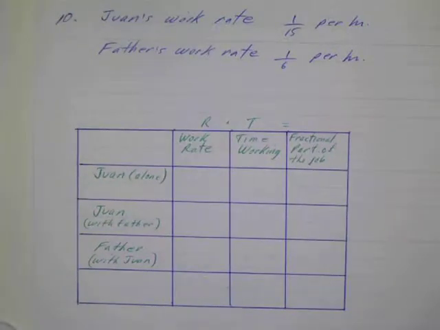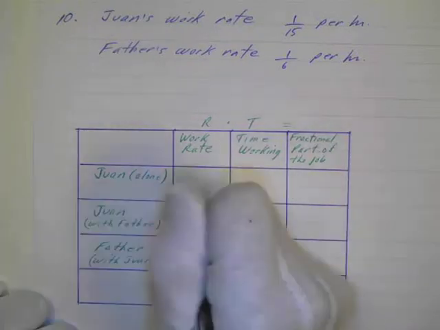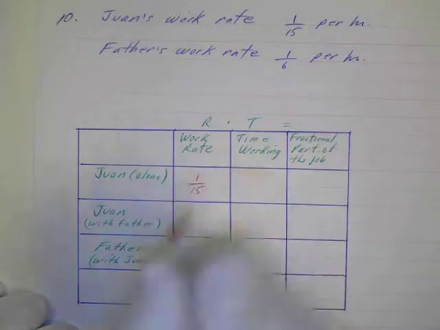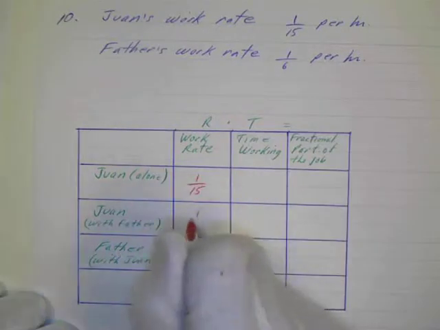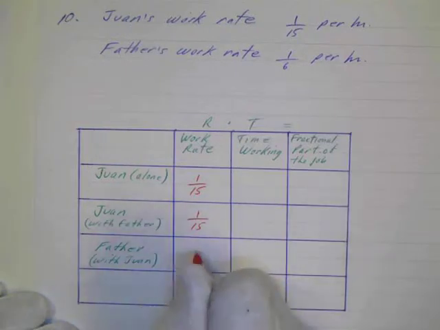So Juan's work rate is going to be, whether he's working alone or with his father, still 1/15. And this is when he works with his father. And the father's work rate is going to be 1/6.